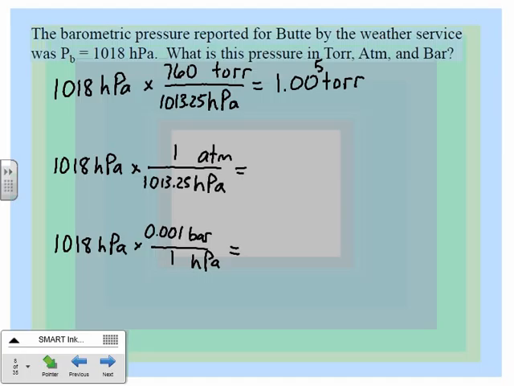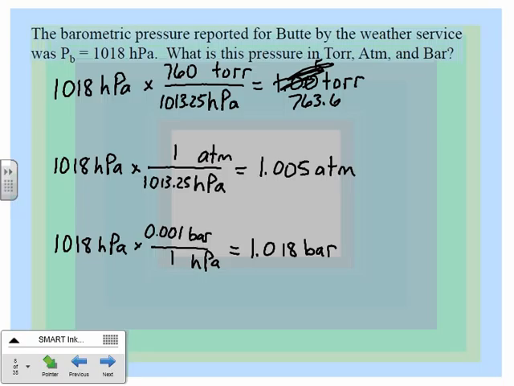Forgot to do that part. 763.6 torr. And then this one's going to be 1.005 atmospheres. Yeah, that seems more right. 1018 times 0.001, 1.018 bar. And yes, I did do that on my calculator, and yes, I am a hypocrite for having done that right after giving you a speech about not using your calculators anymore.